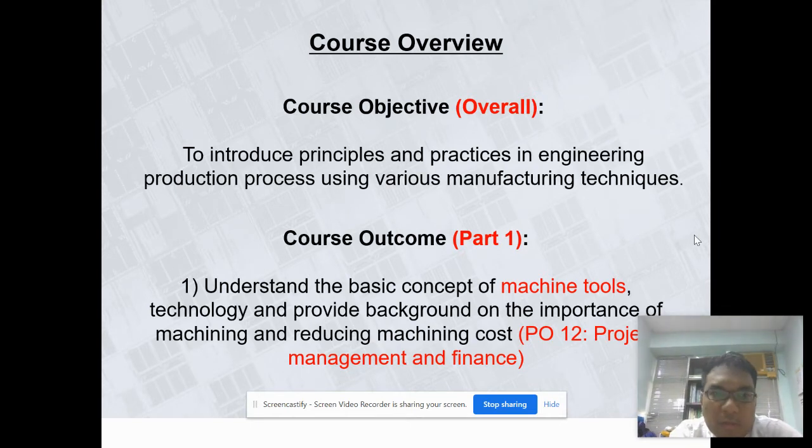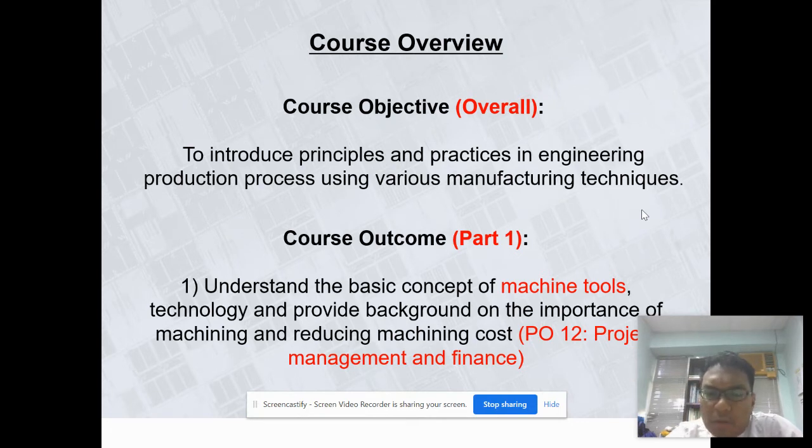Okay, so for my part, I call it part 1, because this is the topic that I cover. The course outcome for my part is to understand the basic concept of machine tools and the technology, to provide some background on the importance of machining, and also to reduce machining cost. This covers your program outcome on project management and finance.